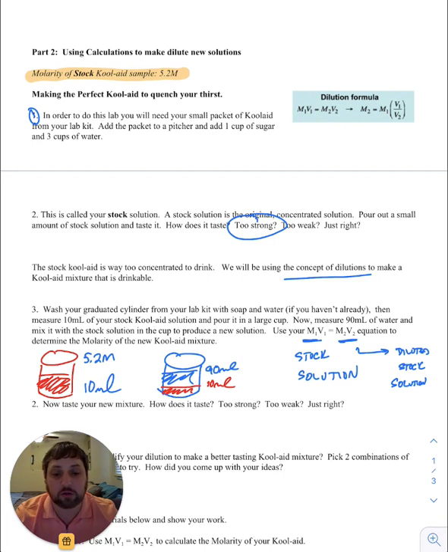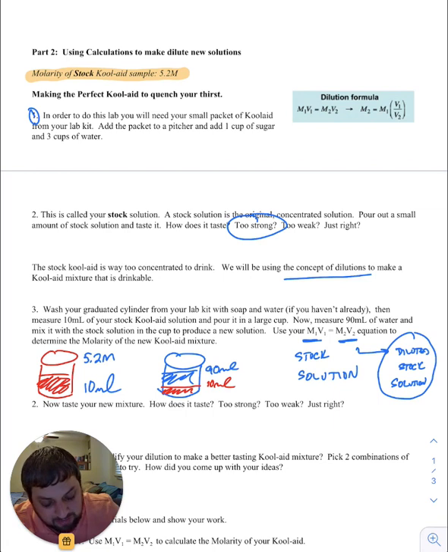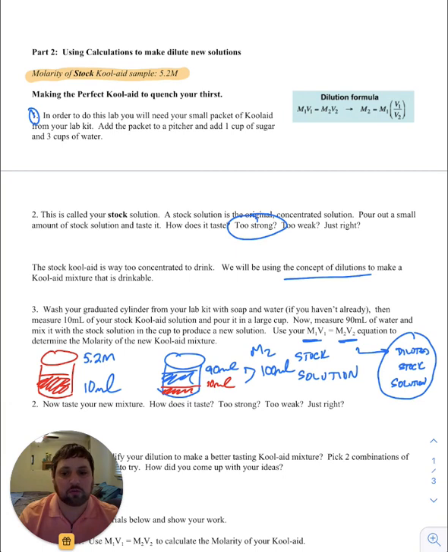So my total volume, just like I said over here, my diluted stock solution is both the stock solution at 10 milliliters and the water at 90. So my V2 over here is a combination of these, and we have 100 milliliters. Now I don't know my M2, and I'm going to solve for it.